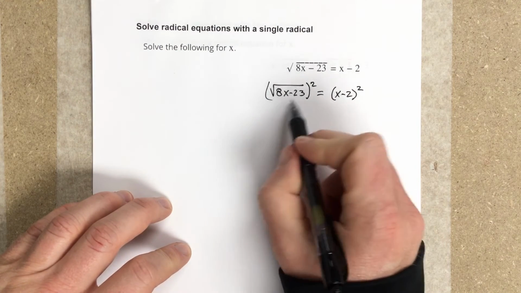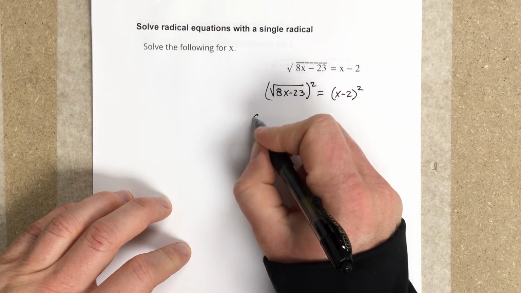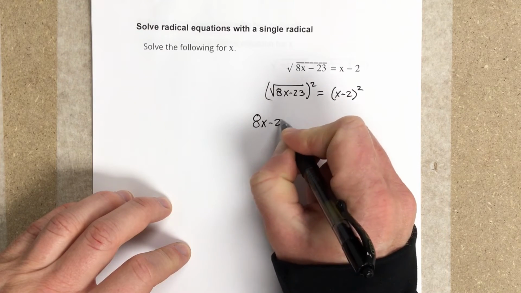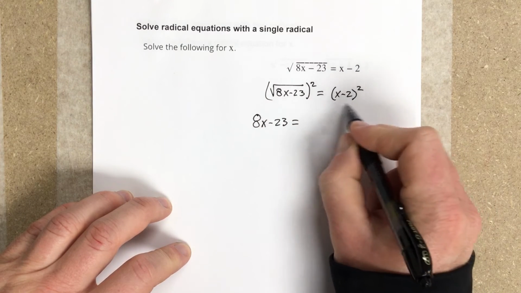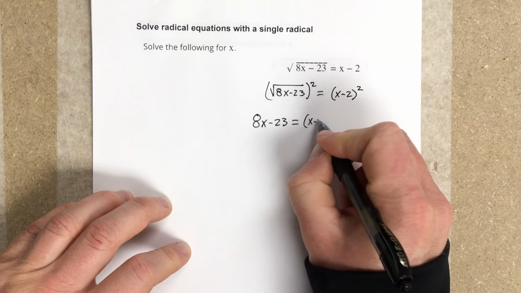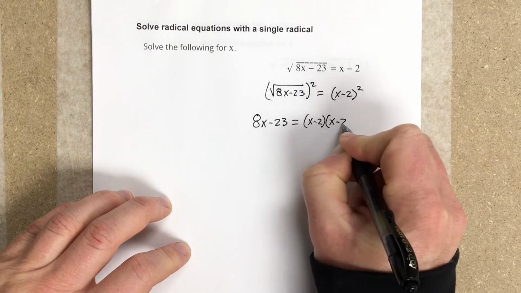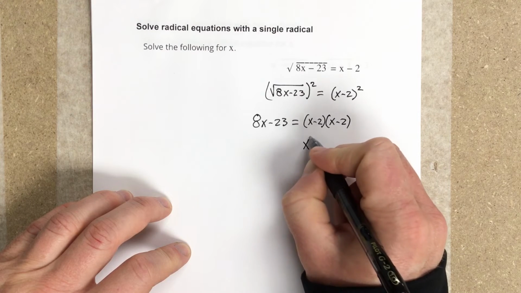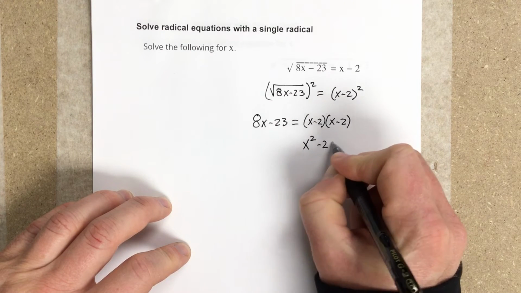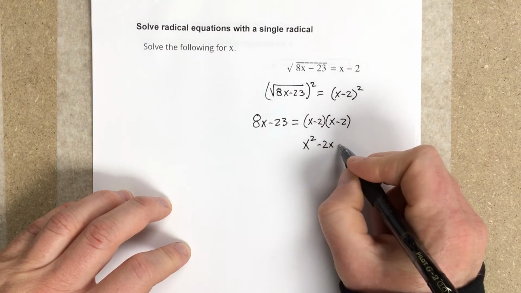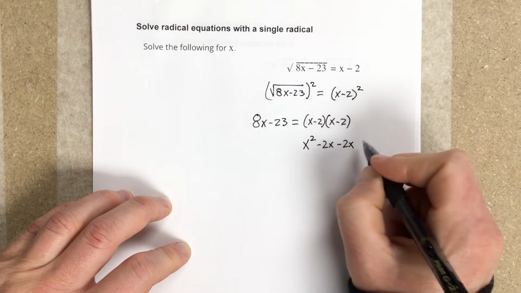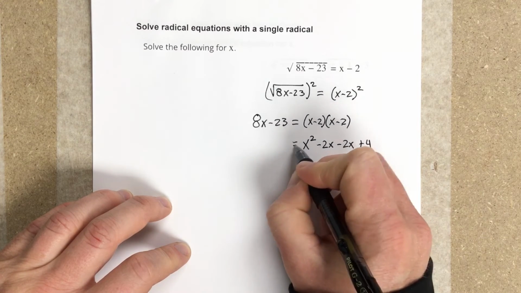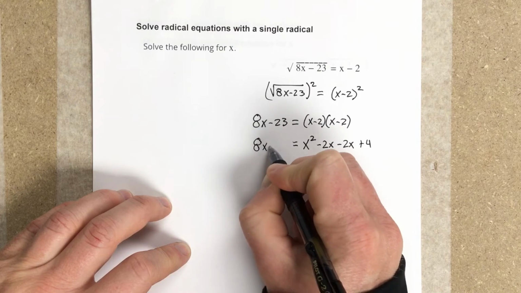When we square the left side, the radical drops and we get 8x minus 23 is equal to, when we square the right side, we get x minus 2 times x minus 2. We can distribute, so we get x squared minus 2x minus 2x again plus 4. It's equal to 8x minus 23.